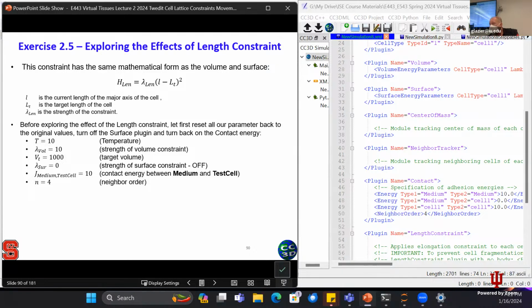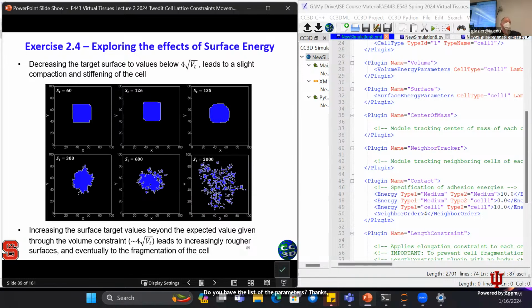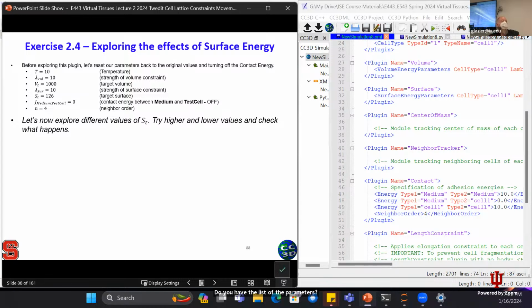Did it? Well, when it did that, I refreshed the simulation, so now I have to go back and set all the parameters. Do you have the list of the parameters you're using for that? Sure. Thanks, guys. The context parameters that need to be set.